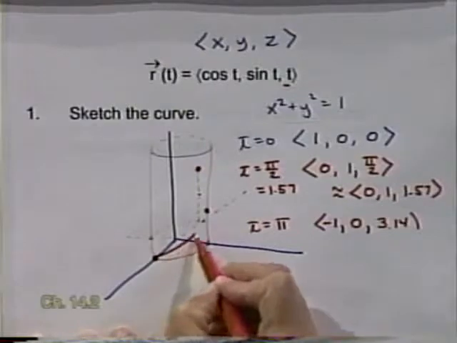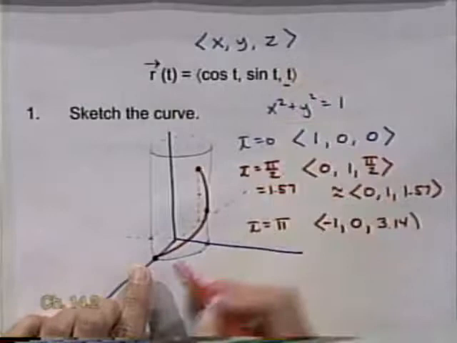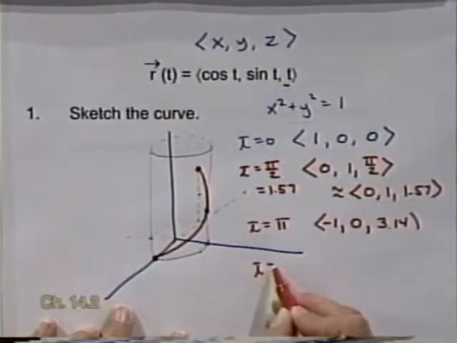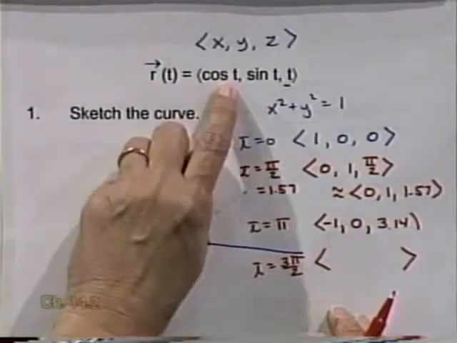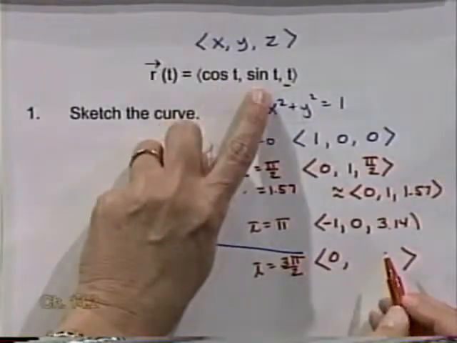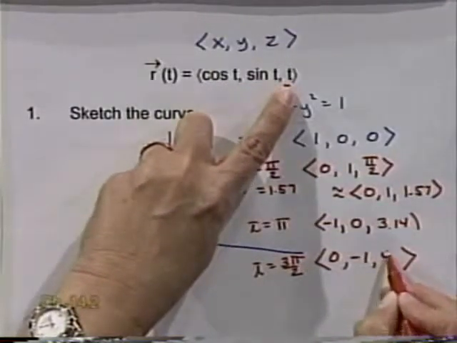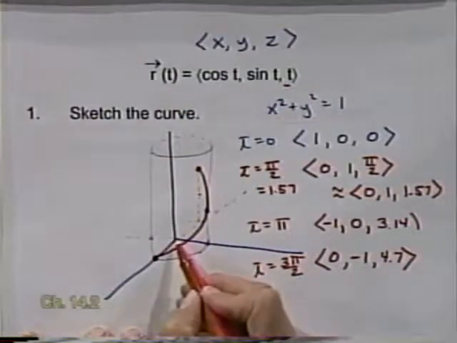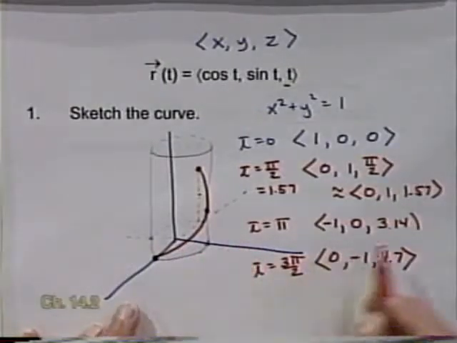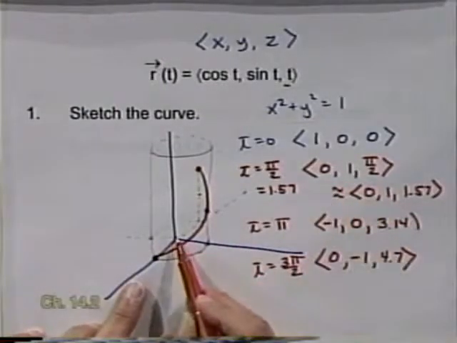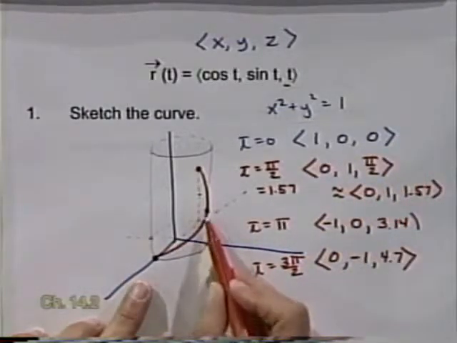Notice so far, as our t, which is z, increases, we're going higher, higher, higher. Let me do another one. T equals 3 pi over 2. What's the cosine of 3 pi over 2? 0. The sine of 3 pi over 2 is -1. And 3 pi over 2 is about 4.7. So we were at 0, 1, pi over 2 is here.